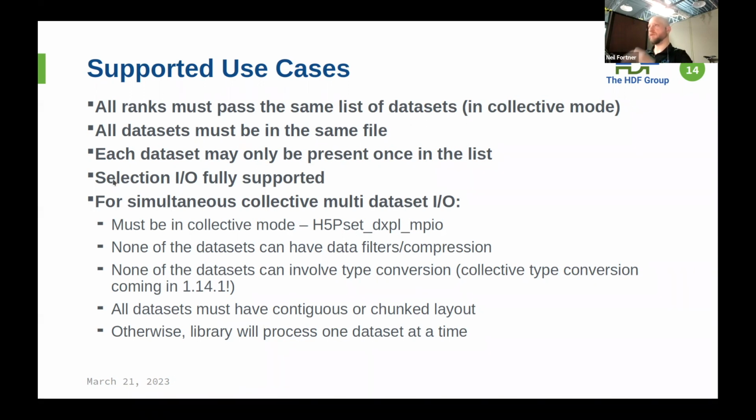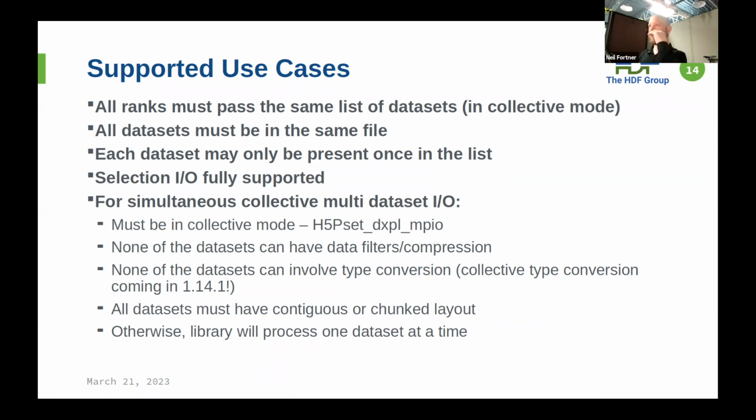The selection IO feature, which I'll talk more about in a few weeks. I'll come back and do one of these on selection IO, but it's fully supported by multi-data set. Selection IO is useful, particularly if you're trying to write a virtual file driver that's operating on more than just a single offset and length of bytes at a time.